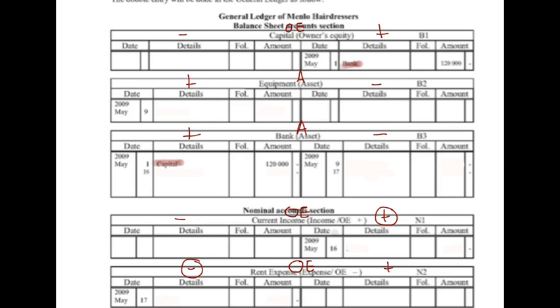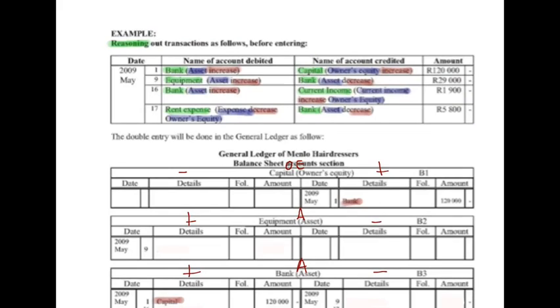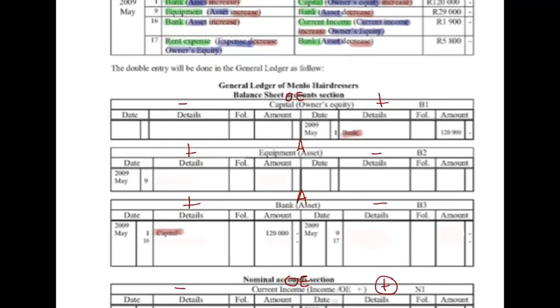So for equipment and bank, I will now go and analyze what's happening here. So equipment needs to increase my assets, and assets increase on the debit side. Therefore, equipment would be my account debited. So I'm going to, in equipment, show the debit of 29,000 Rand.